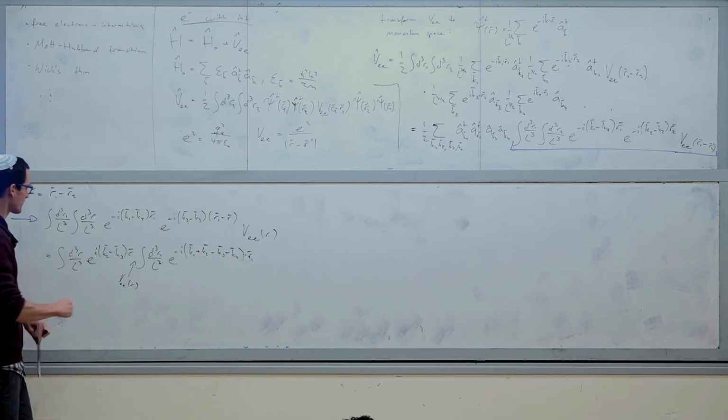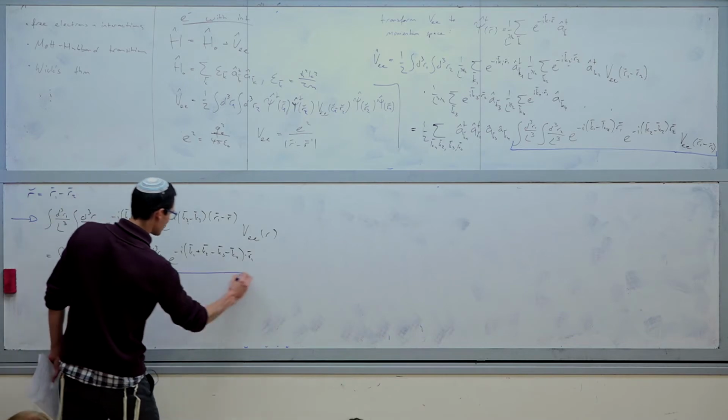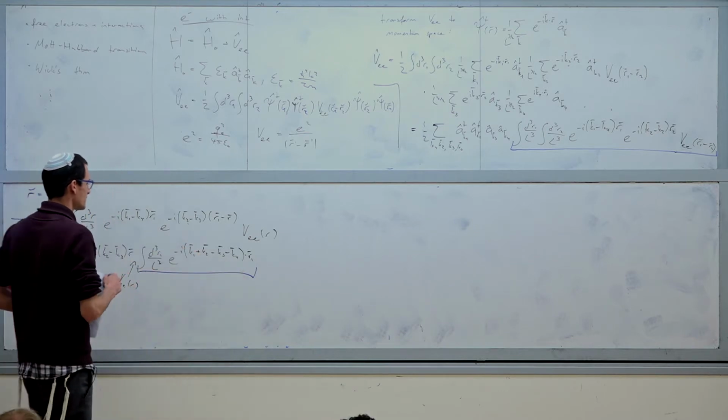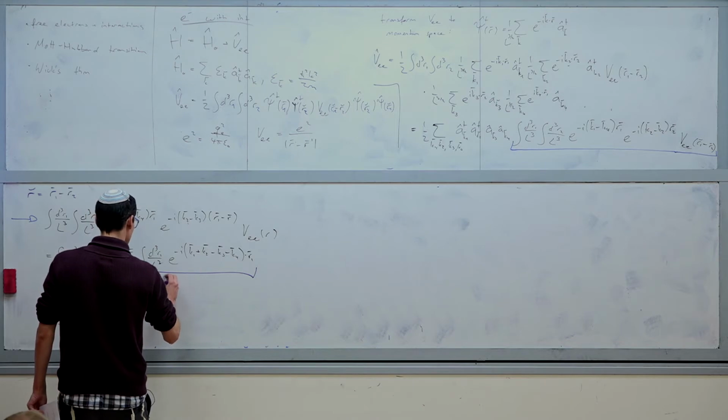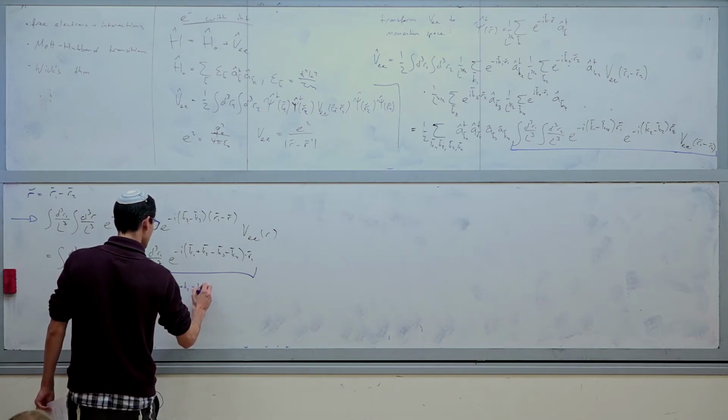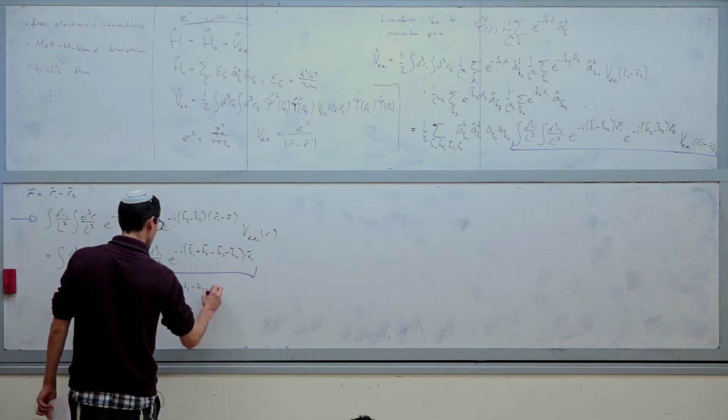So this is exactly what we wanted, right? This is the definition of a delta function of the argument here in the brackets. So this is a delta function k1 plus k2 minus k3 minus k4.